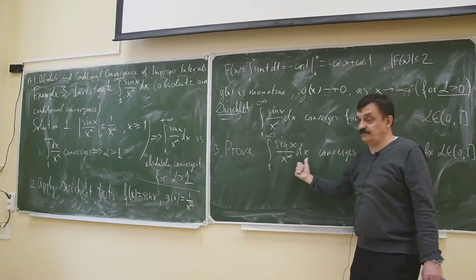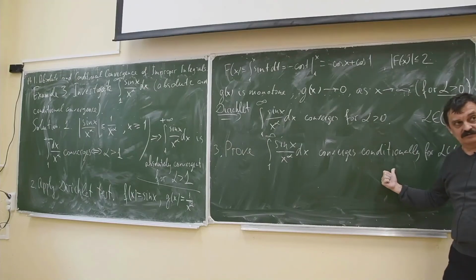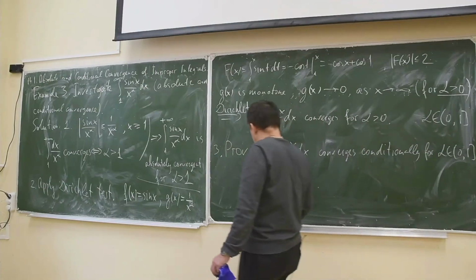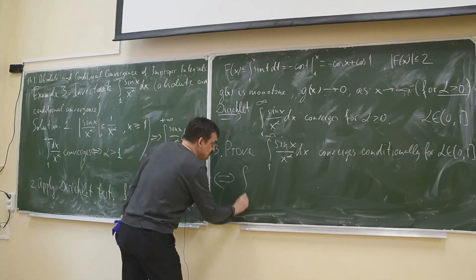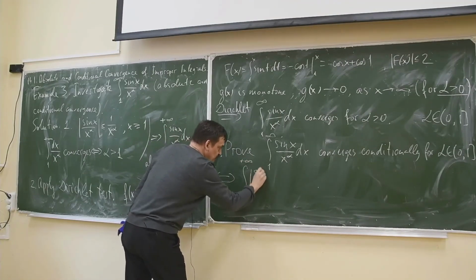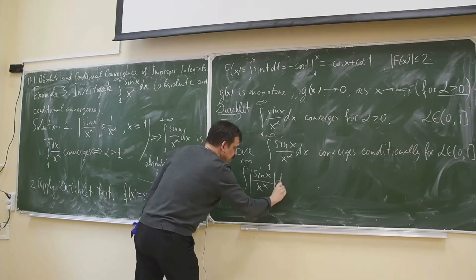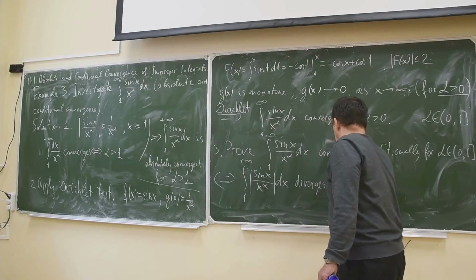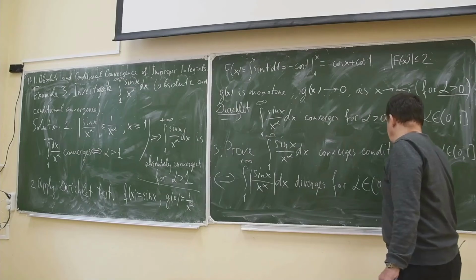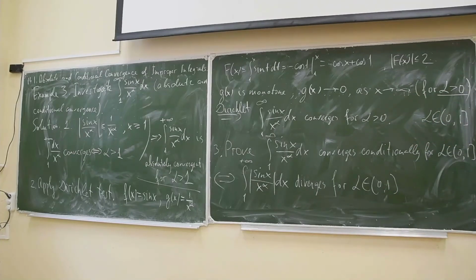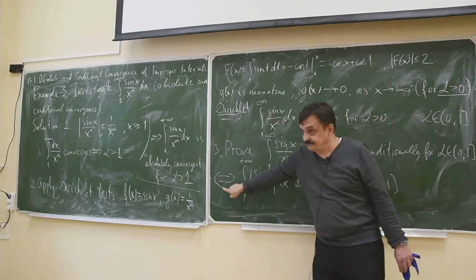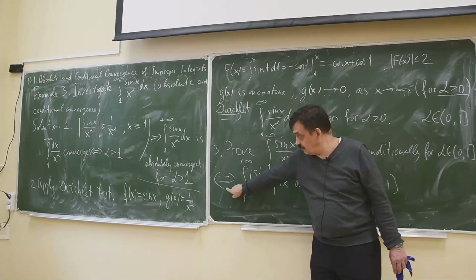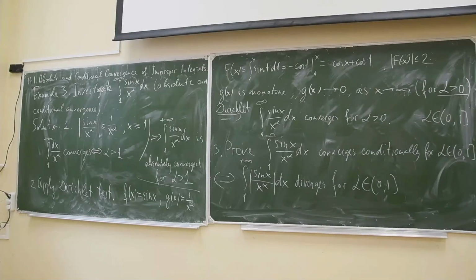But we don't know how. So to prove that it converges conditionally, that's equivalent to saying that this integral of modulus diverges for alpha from 0 to 1, right? At that moment, be careful, I wrote here equivalent. Why is it equivalent? That is equivalent because of what we did before, right?